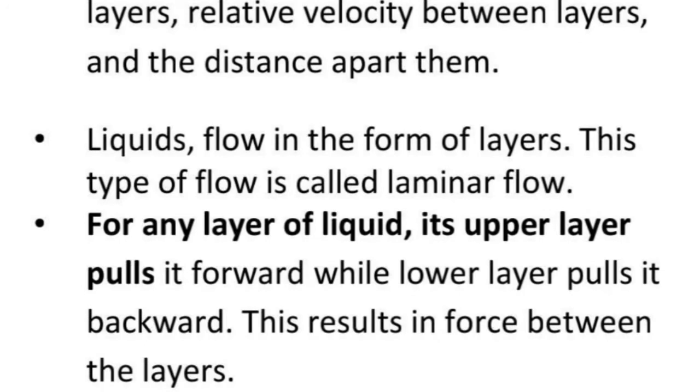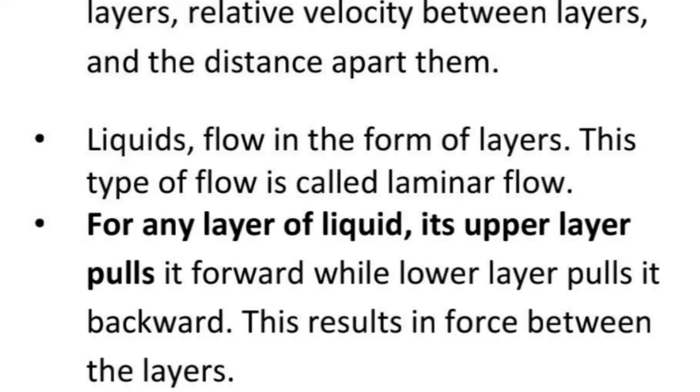We can say that for any layer of the liquid, suppose we are considering an innermost layer, the upper layer and lower layer are in direct contact with that particular layer. So for that layer, its upper layer pulls it forward while the lower layer pulls it backward. This is actually what is happening when we assume the flow of liquid to be in the form of different layers.